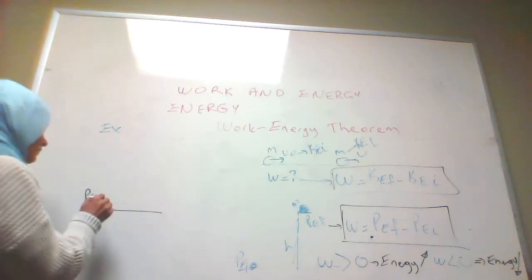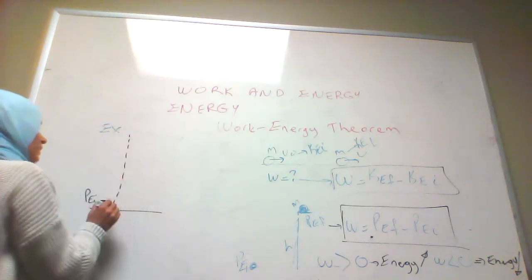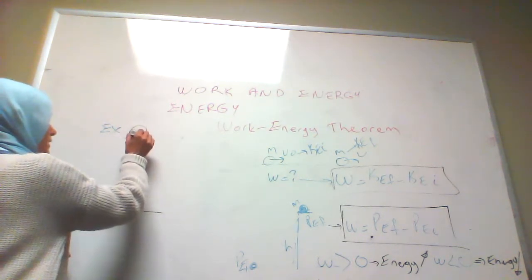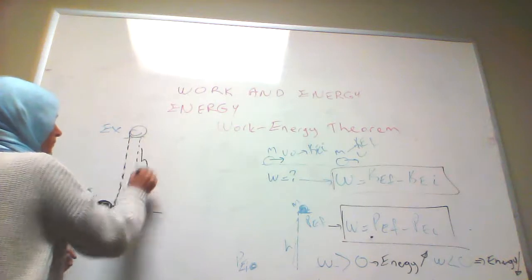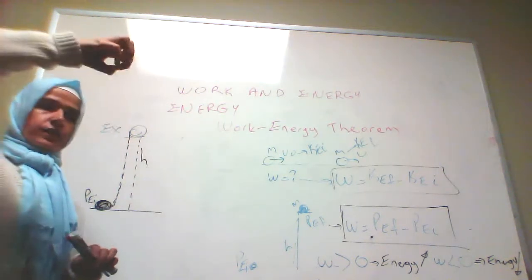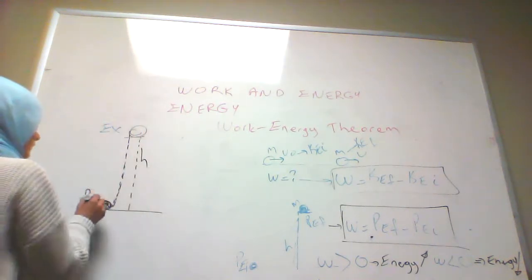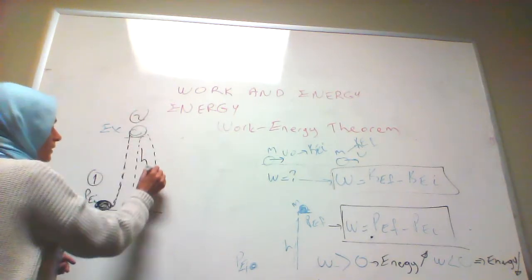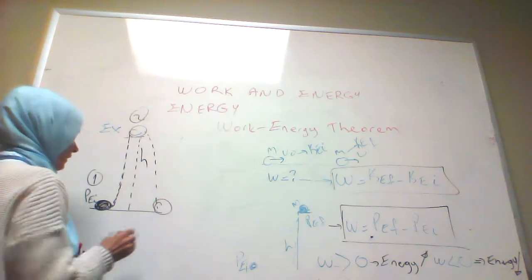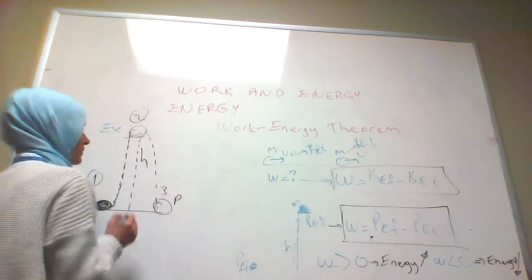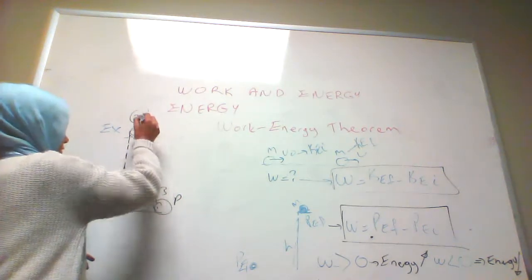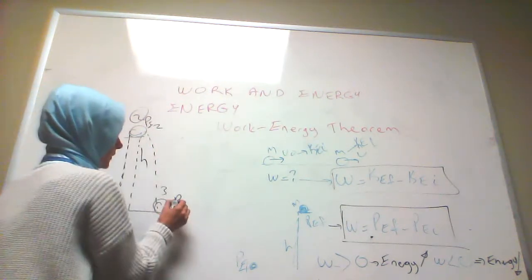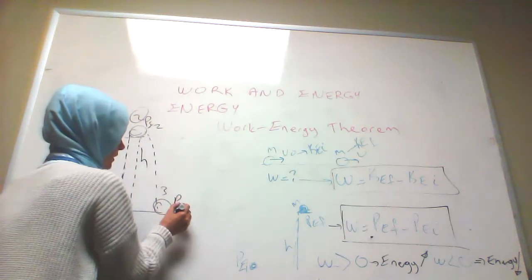And then somebody picks it up and takes it to a height. Now it gains some potential energy. And then she dropped it. So the first position here, second position here, and then the object dropped back to the ground again. So the third position here. So potential energy initial, potential energy 2, let's say, the middle energy, and then potential energy final.